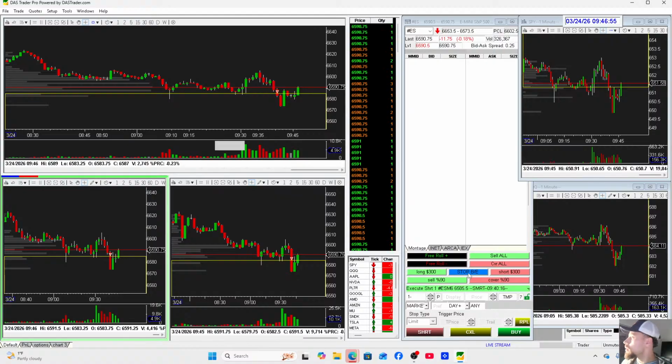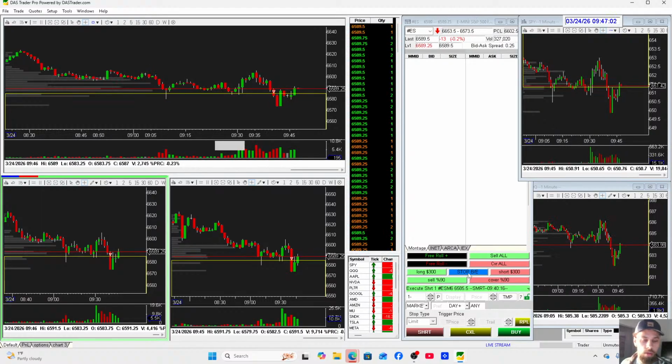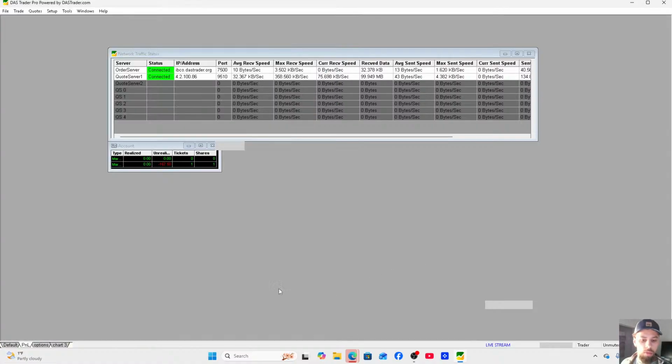SPY and Qs pulling up here. We don't like to see that. SPY's back in that range. Currently down 175.